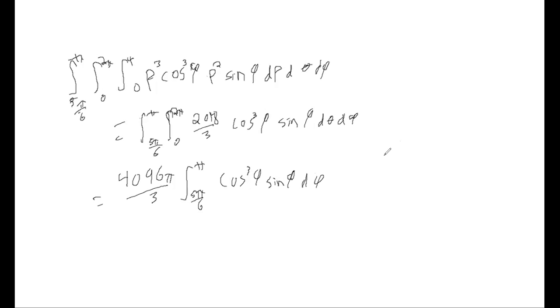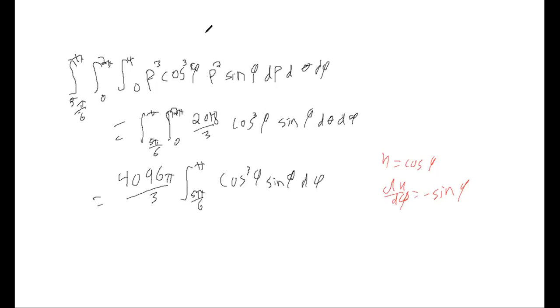Pretty simple u sub. We get u equal to cosine of phi. So if we find du d phi, what we end up getting is negative sine of phi, and we can just operate from there, correct?